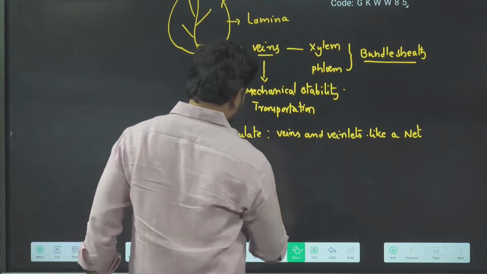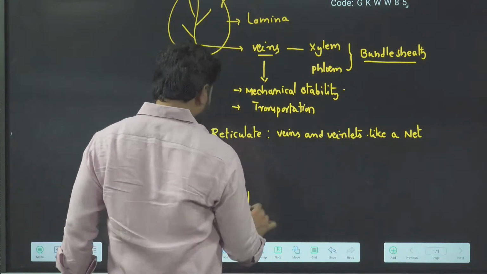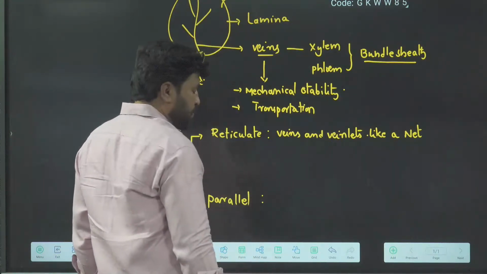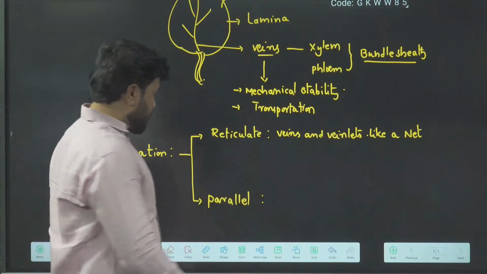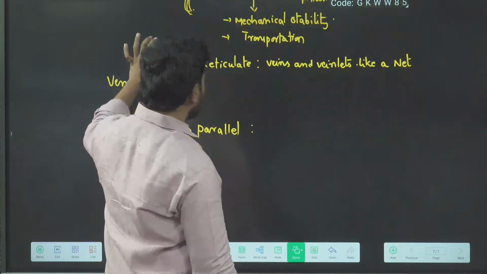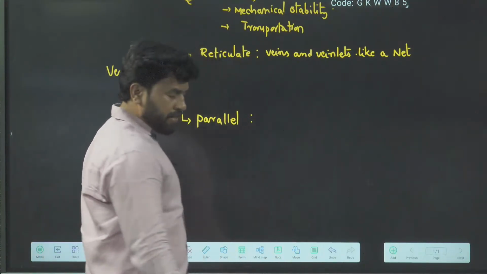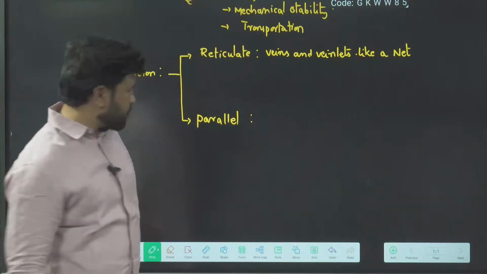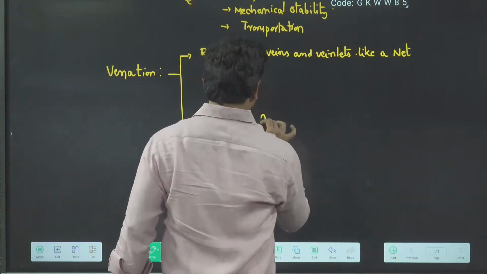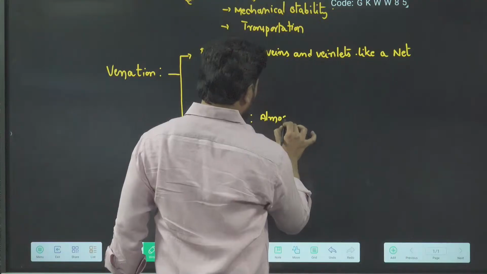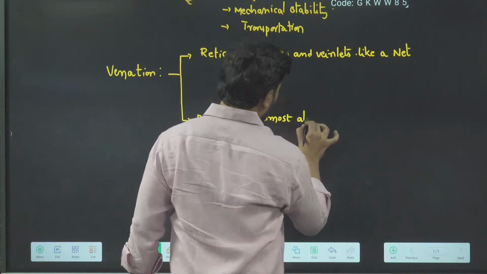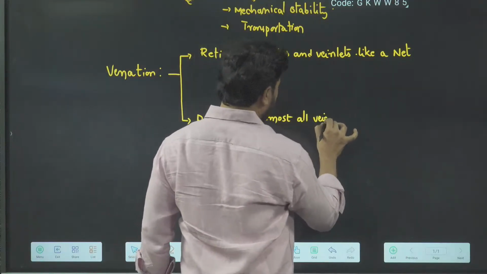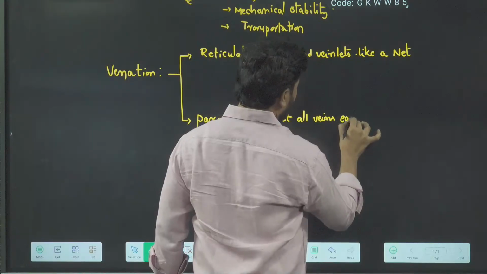Parallel venation: over here, veins run parallel to each other. Veins run parallel to each other means almost all veins are equal in size.